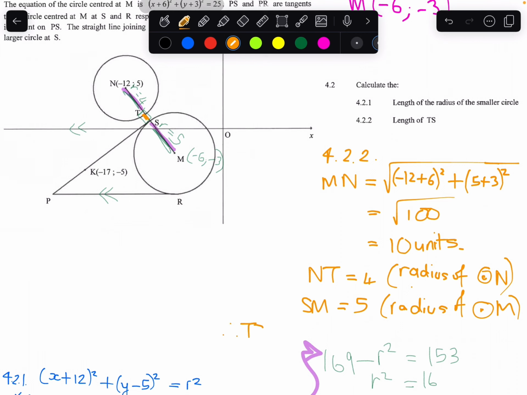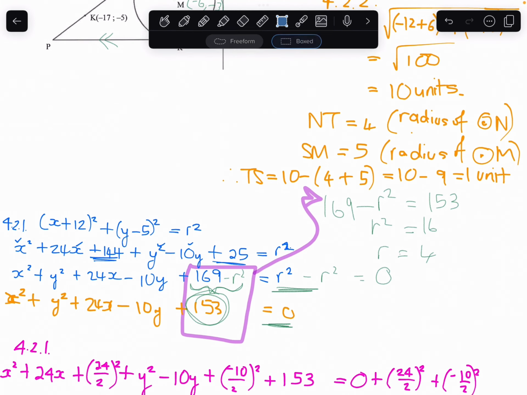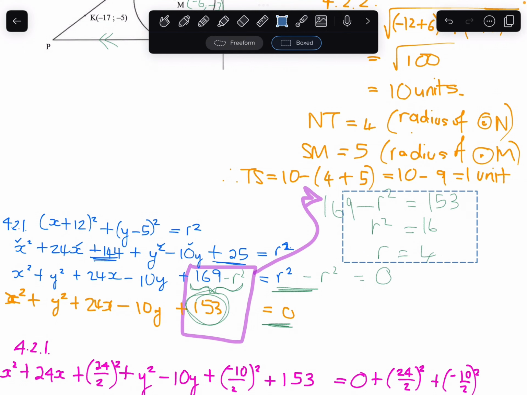Therefore, TS is equal to 10 minus the 4 and the 5, which is 10 minus 9, which is 1 unit. Okay, yeah, I thought I had space, but I don't really have space here. I'm just going to shrink these a bit.